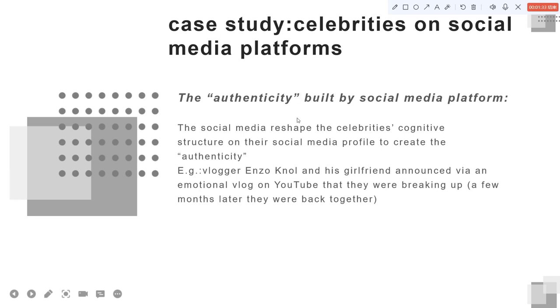So how are their values being reshaped through social media? Social media tries to create authenticity to reshape the social media celebrities' values. Social media reshapes the celebrities' cognitive structures through their platforms, profiles, and images to create authenticity.